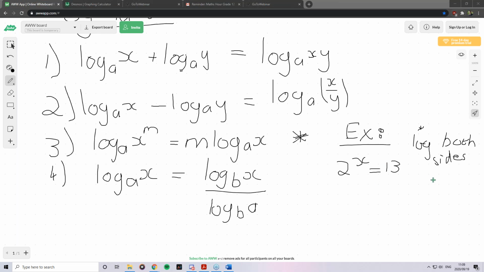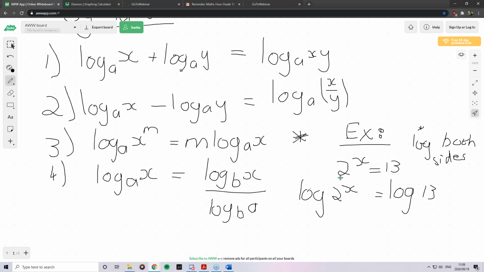All right, awesome. So what I do here is I just log both sides. Now I'm just picking 10 as my base just to make it easier. So I can say log of 2 to the x is equal to log of 13.